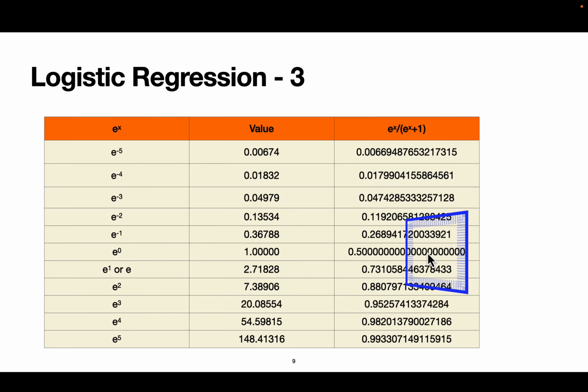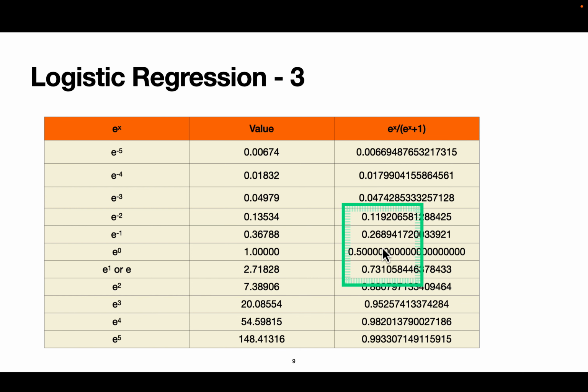So for example, in this table, the value of e is 2.71828. It's called Euler's number. e^1, or e, is equal to 2.718, and e^0, e raised to the power of 0, is 1. If I put all these numbers into this particular equation, e^x over e^x plus 1, then for e^0 it will be 0.5.